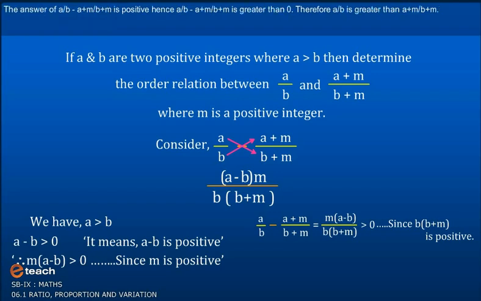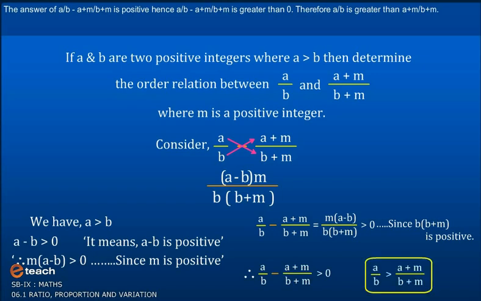So the answer of A by B minus A plus M by B plus M is positive. Hence, A by B minus A plus M by B plus M is greater than 0. Therefore, A by B is greater than A plus M by B plus M.